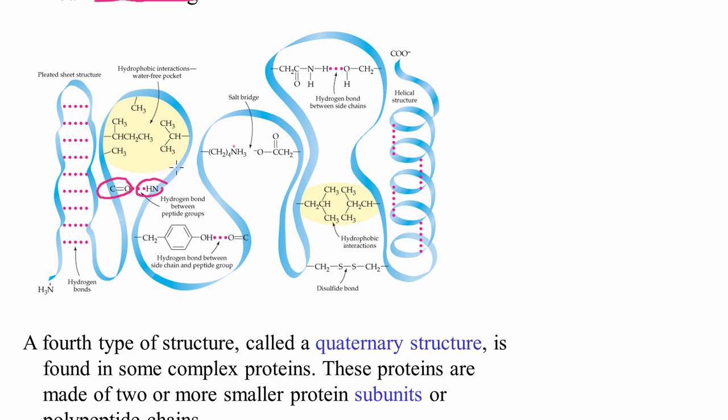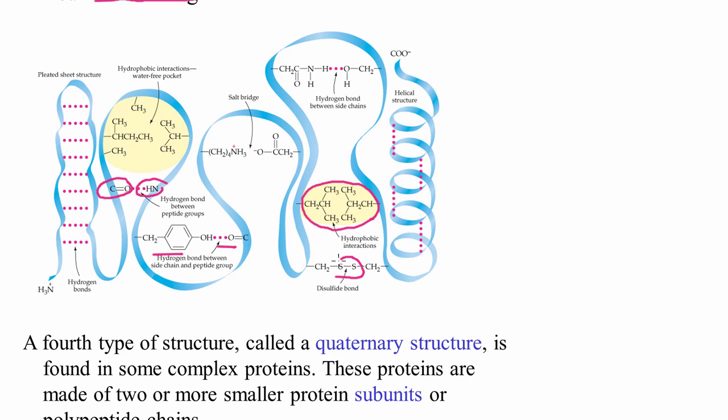That forms this loop here. Here we have these hydrophobic side chains that are forming a water-free pocket. Here we have hydrogen bonding between a side chain and a peptide group, okay? Here we have some more hydrophobic interactions, okay? Notice how that's forming the shape.